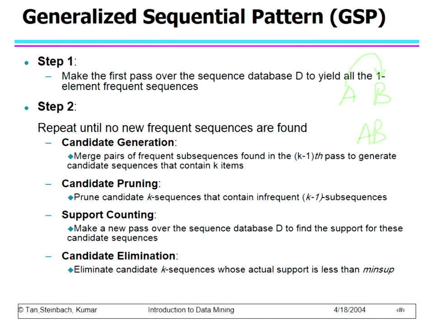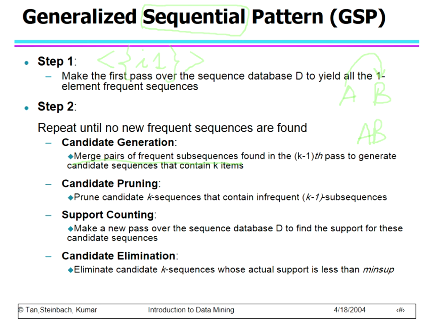When we merge A and B, we say AB, and we don't create BA because the order is not important. But for sequential patterns, when we merge pairs of frequent subsequences, we also have to illustrate all the possible orders between subsequences.